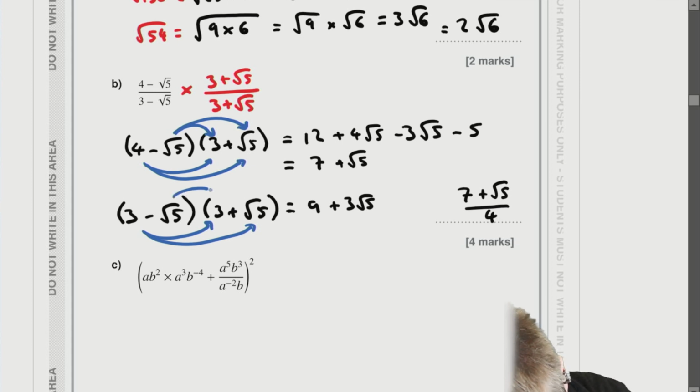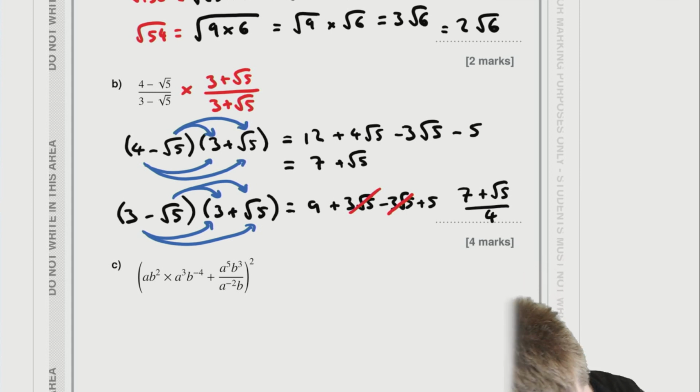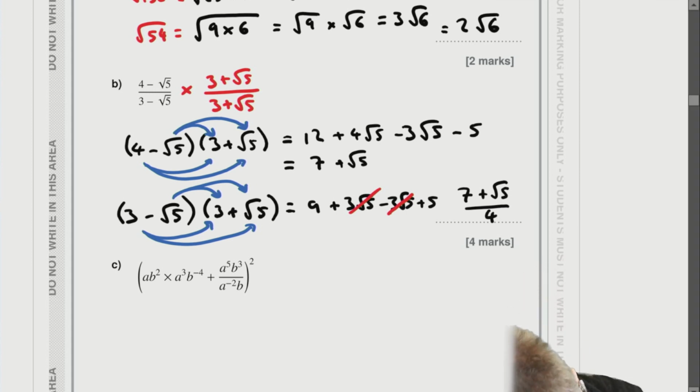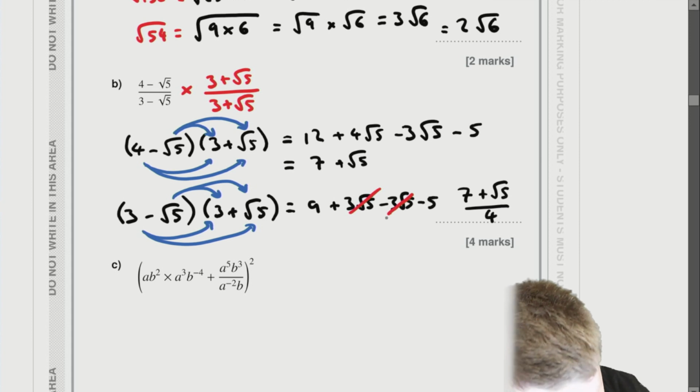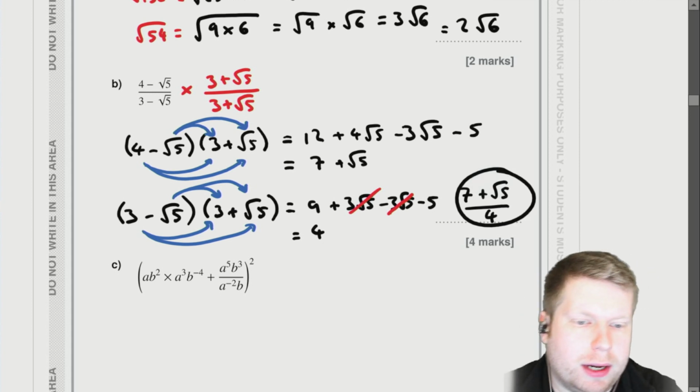And then if I take negative root 5 times 3 and negative root 5 times positive root 5, that's going to give me negative 3 root 5 and then minus 5, because it's negative root 5 times positive root 5. So these two terms in the middle will just cancel. That leaves me with 9 minus 5, which is just equal to 4. Hence, that's how I get my final answer there.